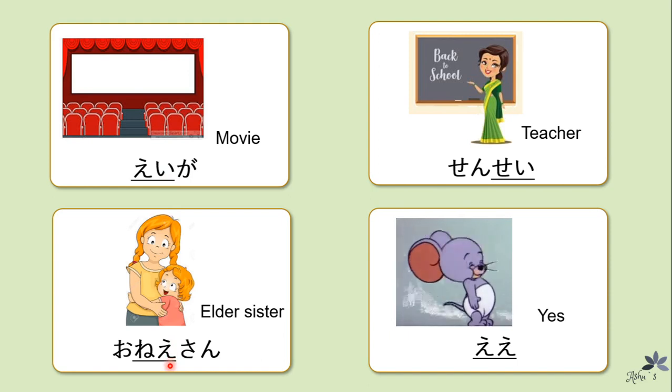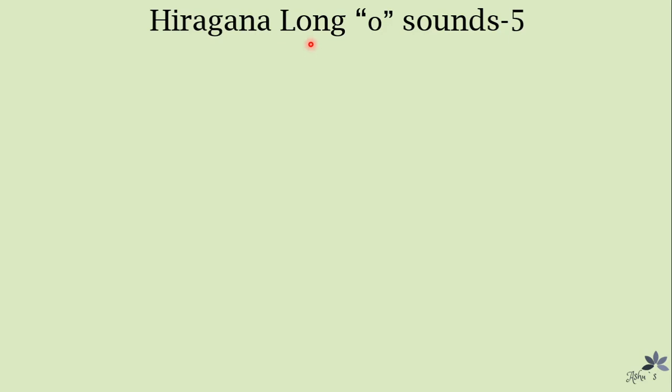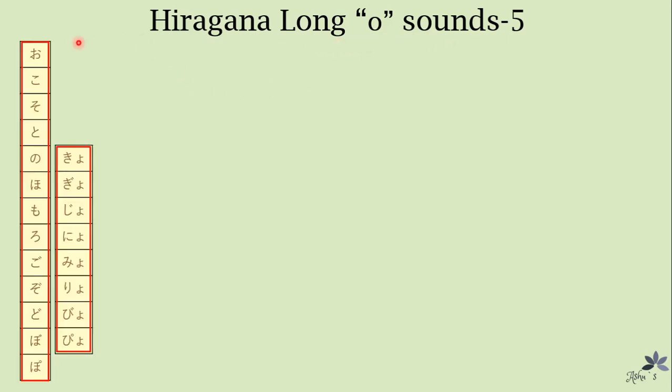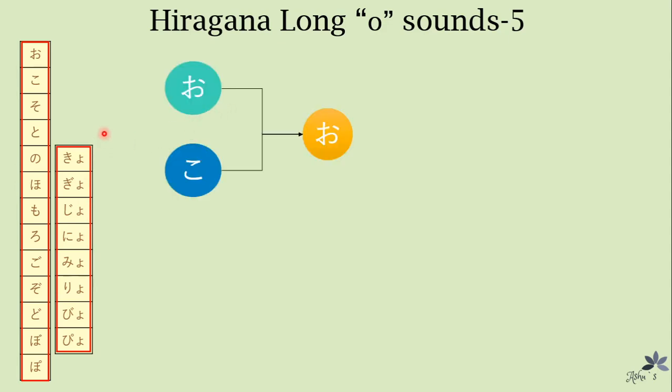Okay, let's go to the next sound, that is the long O sound. For this we have to take the alphabets from the O column, that is O, Ko, So, To, etc. and also from the mixed alphabets Kyo, Gyo, Jo, Nyo, etc. To these alphabets we have to add the vowel O. Now for example, here I have taken the letters O and Ko.